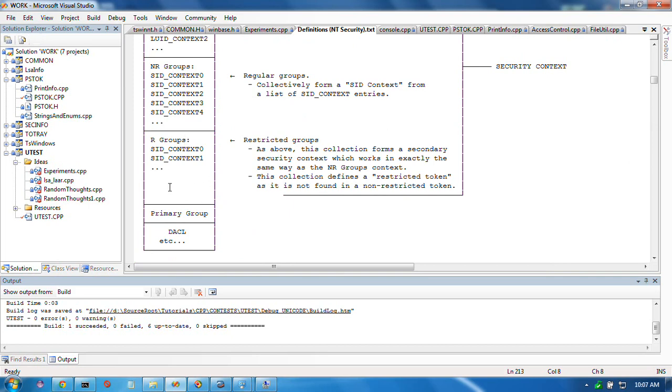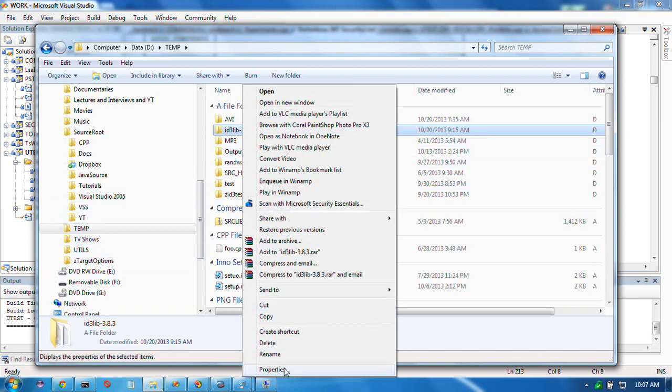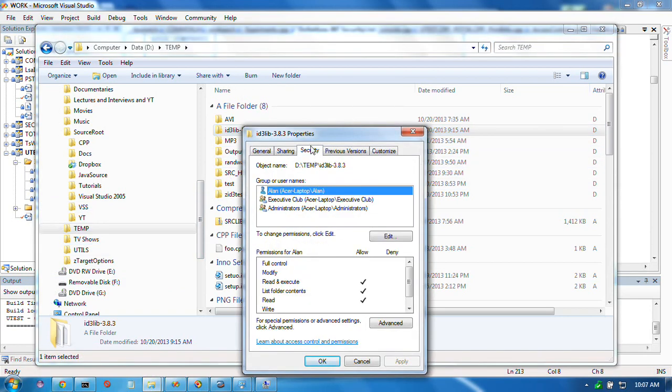So now, this was my theory. No executive club, sure, but there's Alan, right? And administrator, but administrator is only for deny, right?